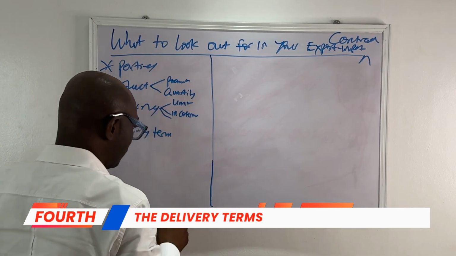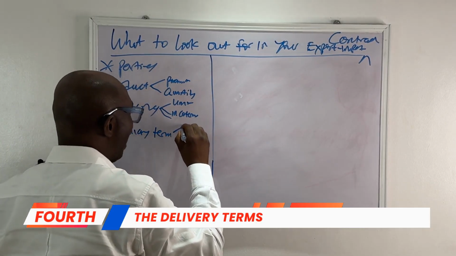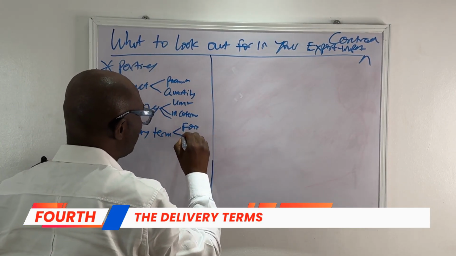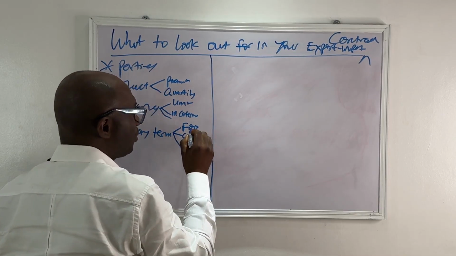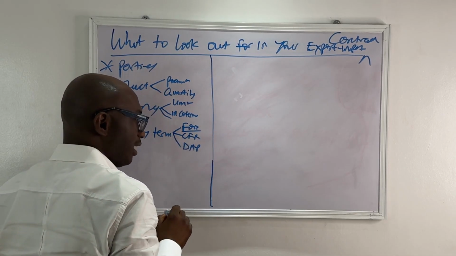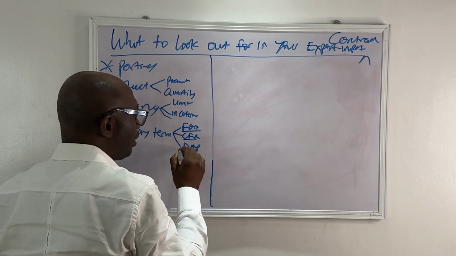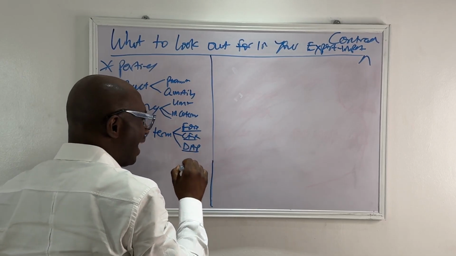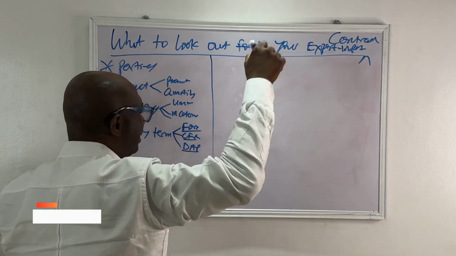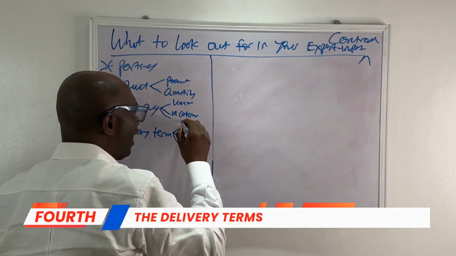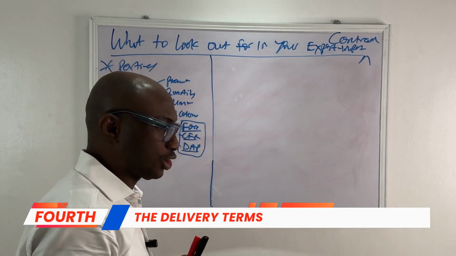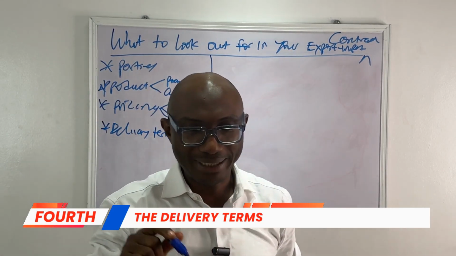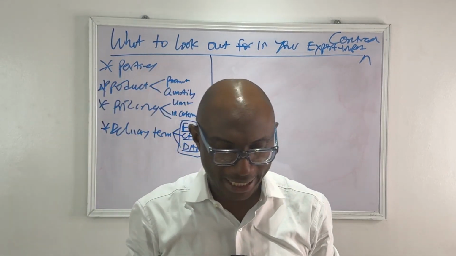You know why? If I'm doing FOB, I'm not paying freight. If I'm doing CFR, I'm paying freight. If I'm doing DAP, I'm not just paying freight, I'm going to deliver to a location in the importer's country. Each of them has cost implication.